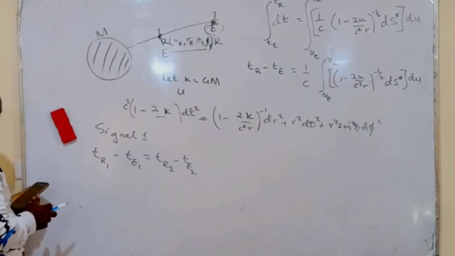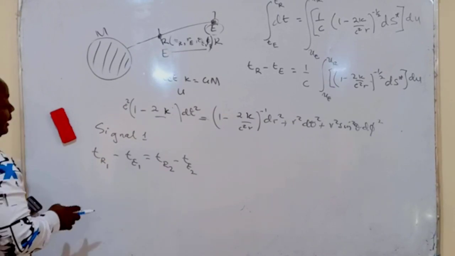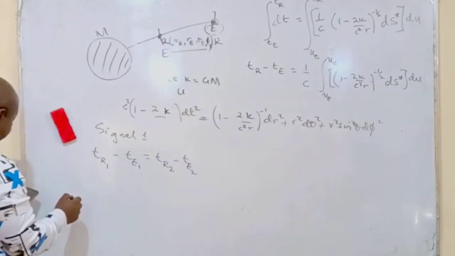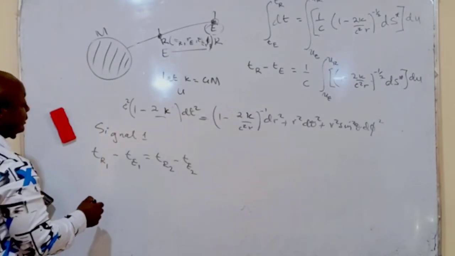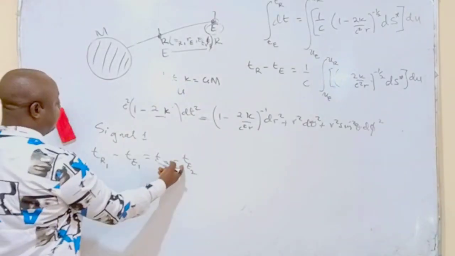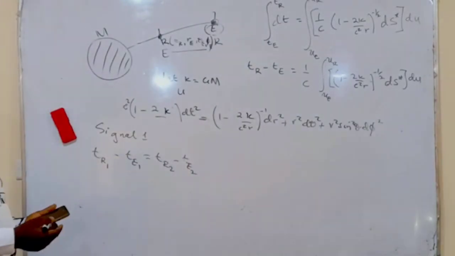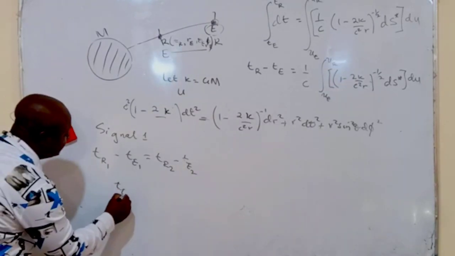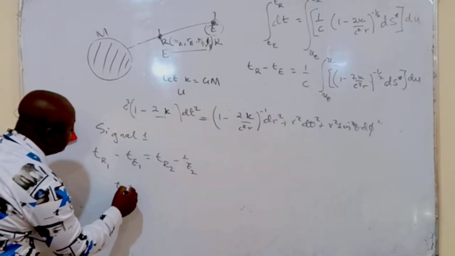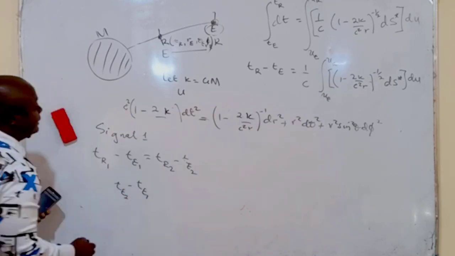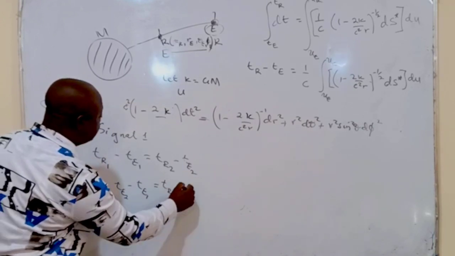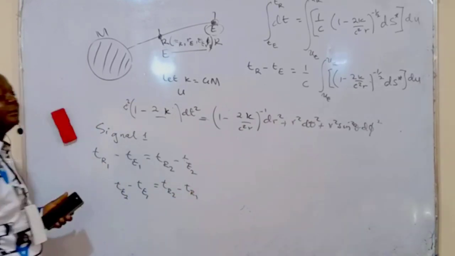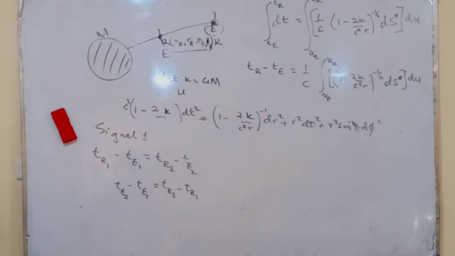So looking at this, let me put it this way. If I take this to this other side, I will have TE2 minus TE1 should be equal to TR2 minus TR1. So what again are we seeing there?